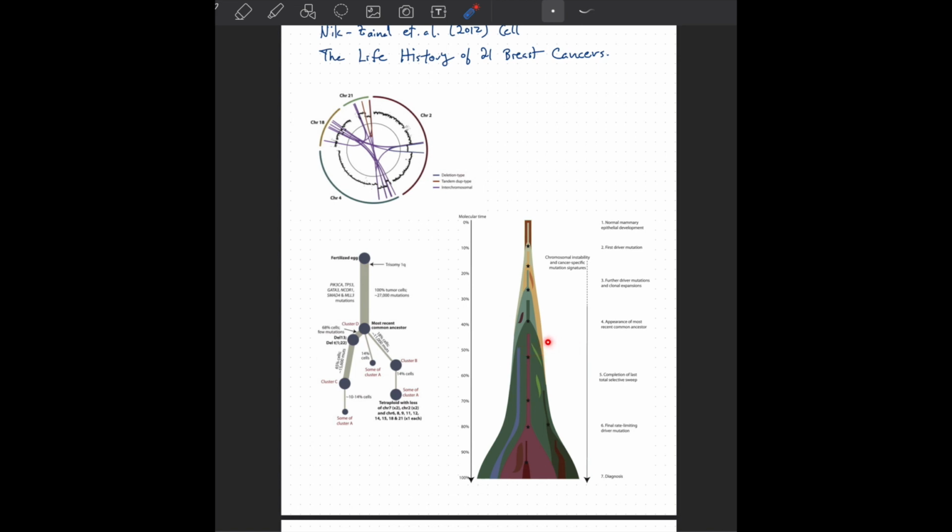Well, perhaps at this point the patient was given chemotherapy, and the orange cells were not capable of surviving in the presence of the chemotherapy, but the green ones were. It may be that this tiny little brown colony was created, and at first it started to do well, but maybe the immune system wiped it out. So there are what are called selective sweeps, which is the term we would use, basically selection in our evolutionary terms.